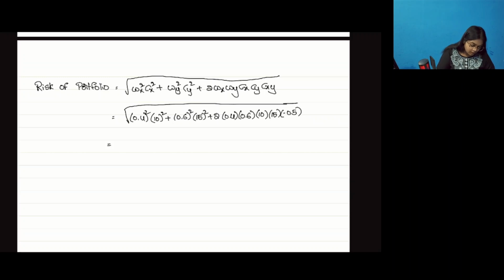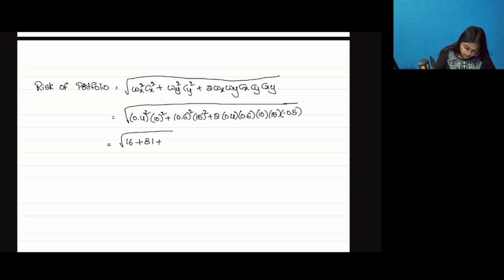So 16 plus 81 plus 2 into 0.4 into 0.6 into 10 into 15 into 0.5.